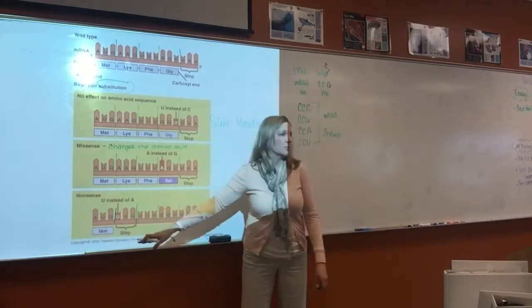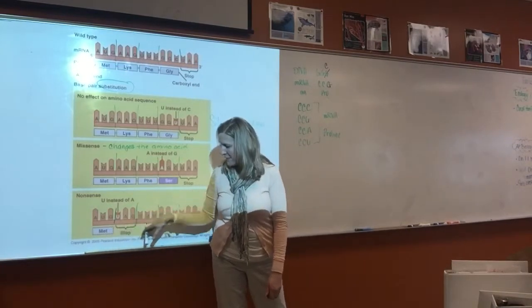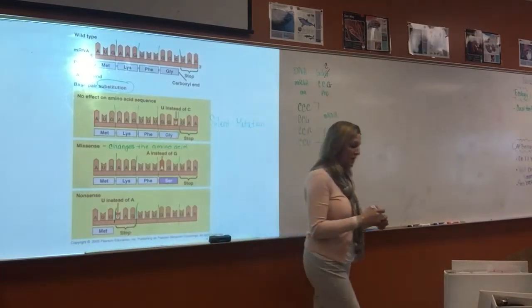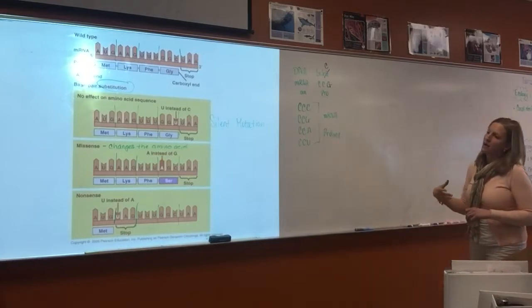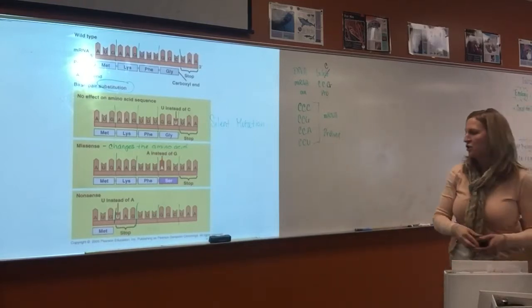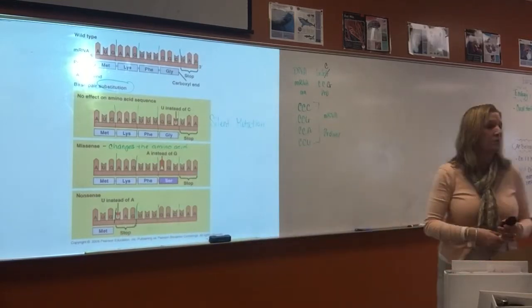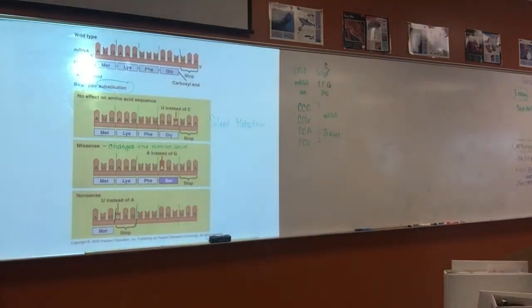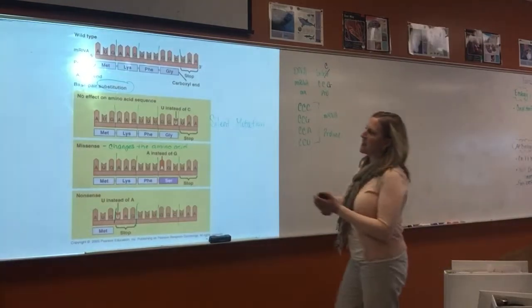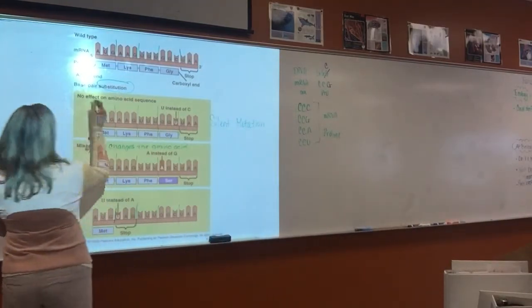So this is a really bad case scenario because it hasn't made hardly any of the protein whatsoever. If that mutation occurred in you, you wouldn't make basically any of that protein.